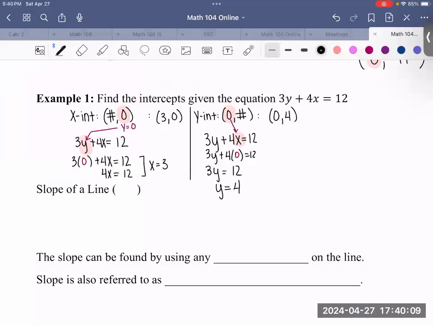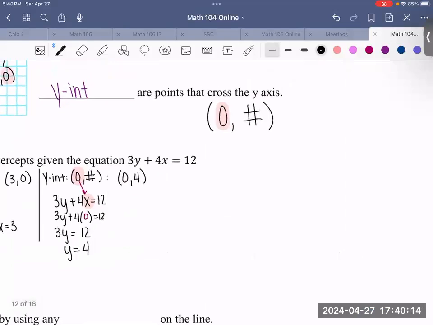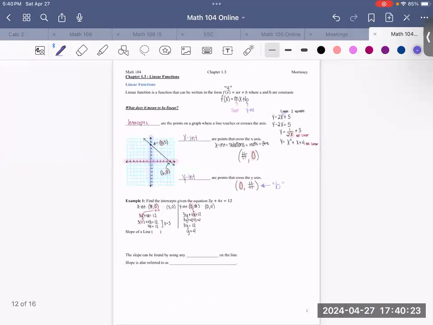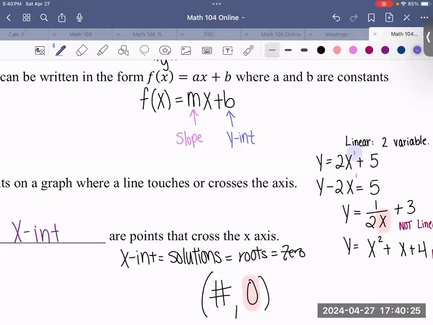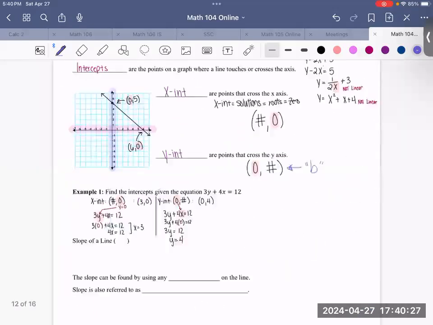Now let's talk about the slope of your line. Your y-intercept, we've talked about a second ago. This is going to be your b in your equation. So if this is your b from your equation above, we are now going to be looking at your slope, m.